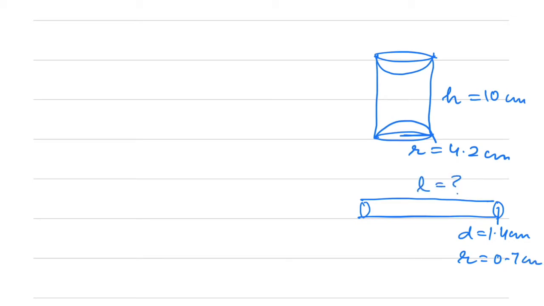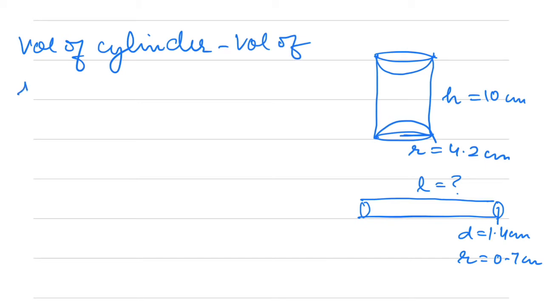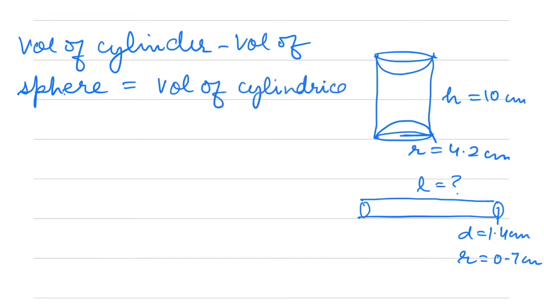We have to find the length of the wire. So here I can say the volume of cylinder minus volume of sphere, because hemisphere on the top and hemisphere in the down have same radius, so I can just say sphere. This is equal to volume of cylindrical wire.